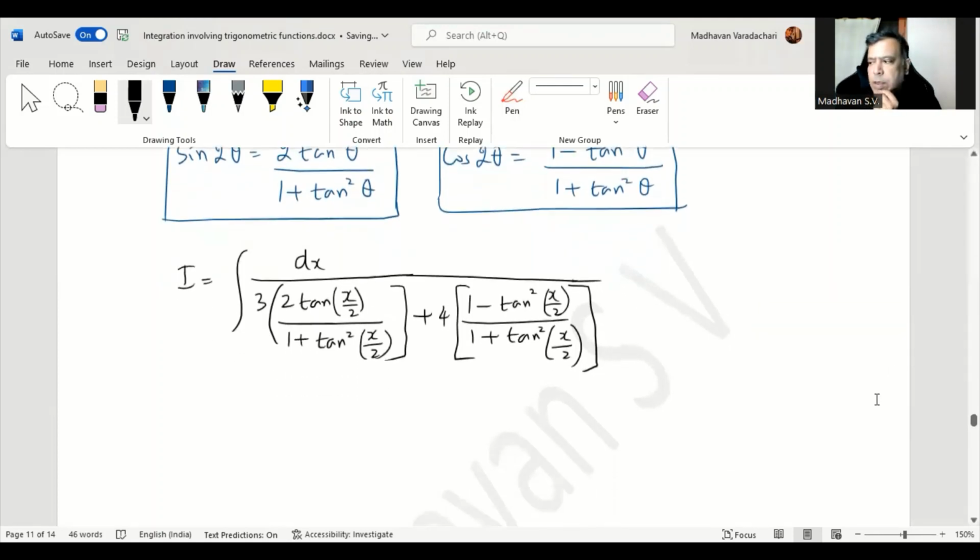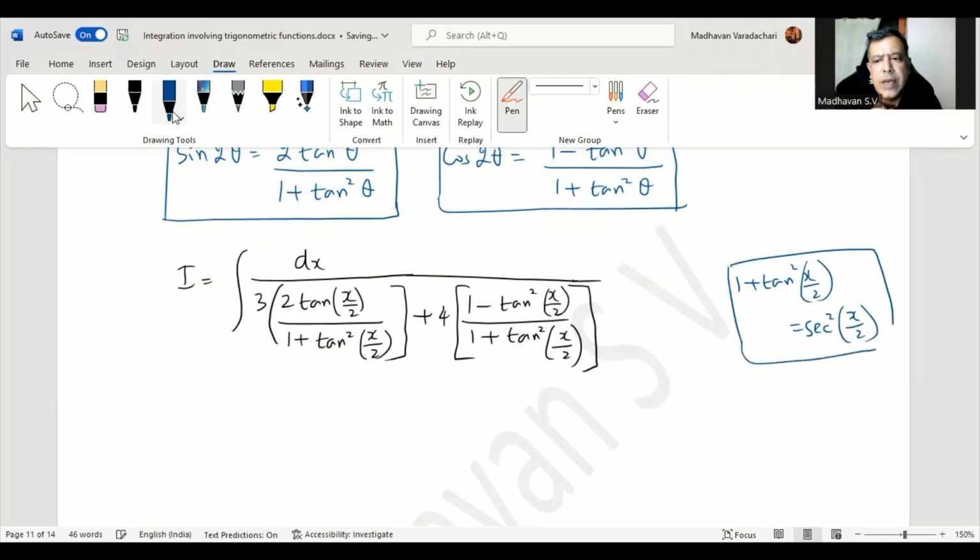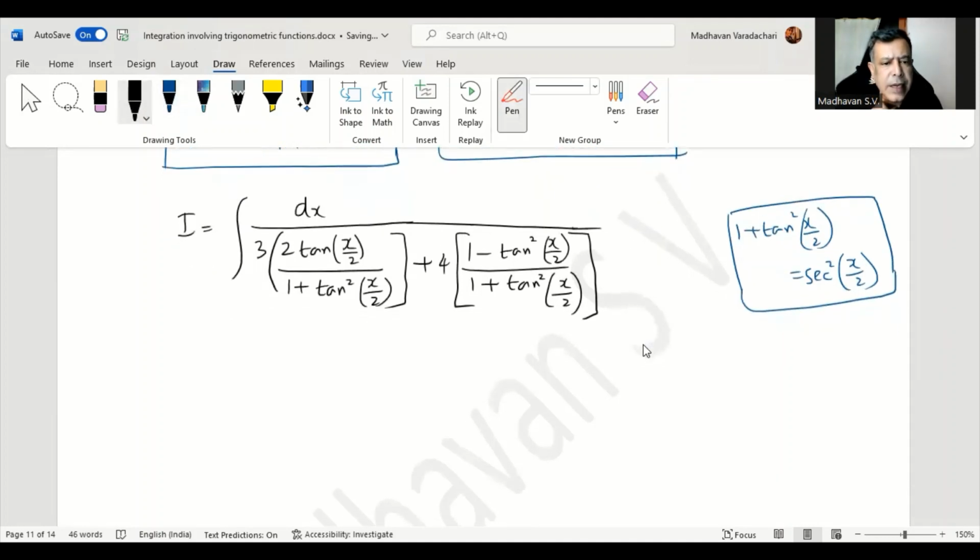Now, in both of them, we have 1 plus tan square x by 2 as common, and we also know 1 plus tan square x by 2 is nothing but secant square of x by 2. So we will use that, and it is a common denominator. Let me rewrite it here.